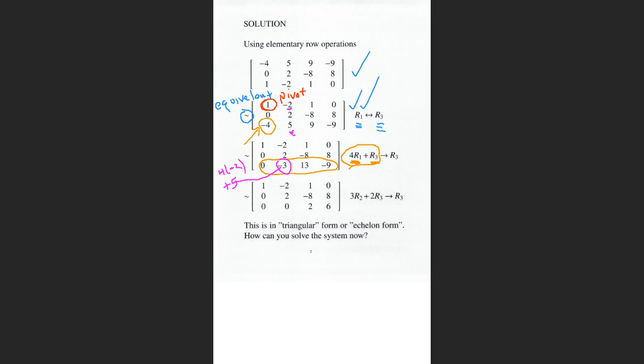The 13 here, how did I get a 13 there? Well, maybe I'll put it in a different color. How did I get the 13? I took 4 times 1 and added it to 9 to get me the 13.